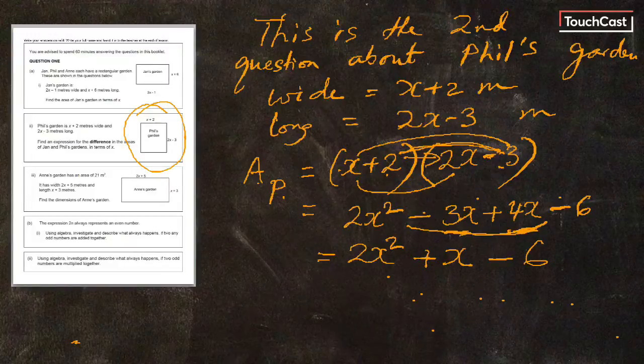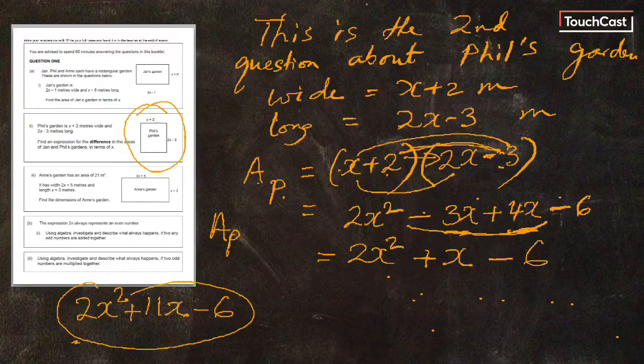That's it. Now I'm going to compare the area of Phil's garden and the previous one. I took a pause because I had to copy the, is it Jan's garden?